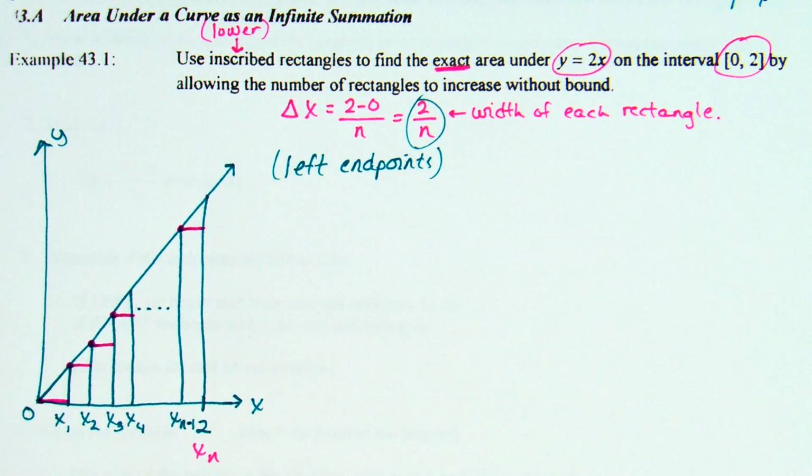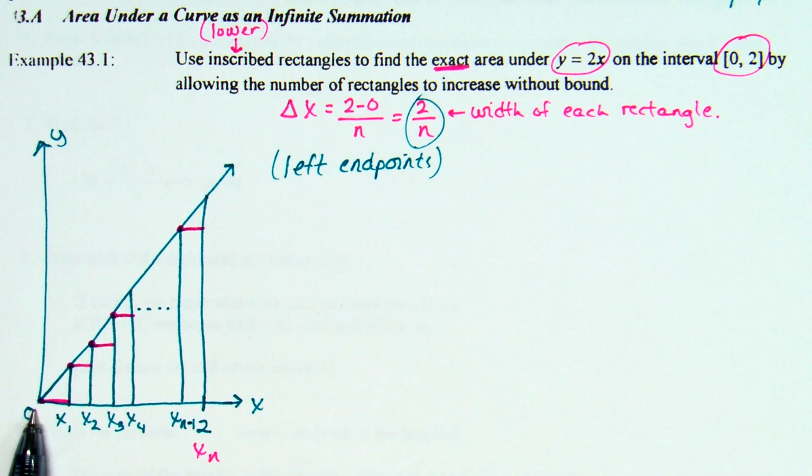So right here, and this is part of the reason we labeled it so nicely, because they're left endpoints, when I drew the lower or the inscribed portions, my endpoints go from the left to the right. The left side is what's on the curve. Does that make sense? Okay.